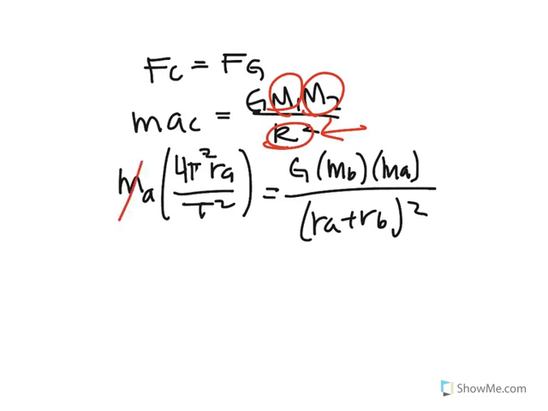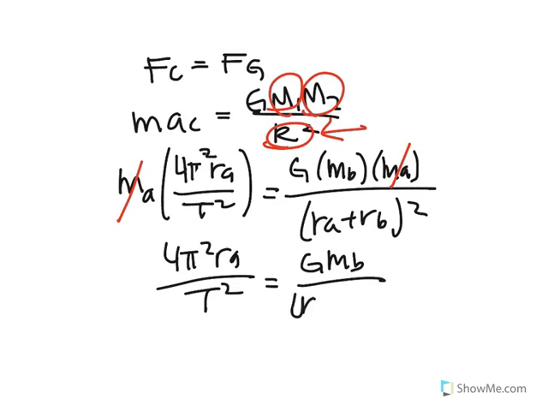Now we simplify it. MA will cancel. And then we are left with 4 pi squared RA over T squared equal to G MB over (RA plus RB) squared. And since we're solving for MB, we just make everything equal to it.